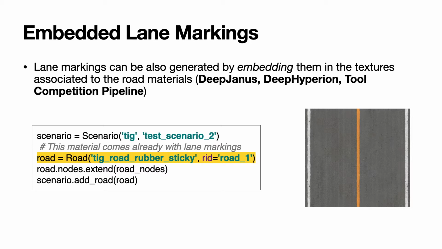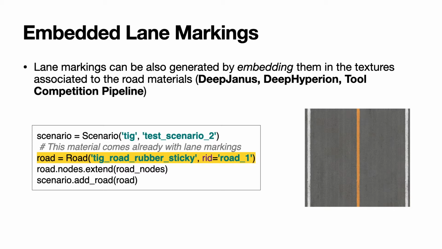There is a right side, and in the left and right side there are white lanes, and in the middle there is a central separator that is a yellow lane. Now this is a texture. What we can do is we can define a material that uses this texture for rendering, and then create a road that uses this material.